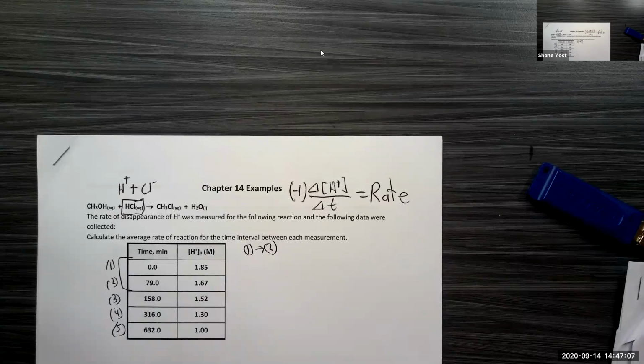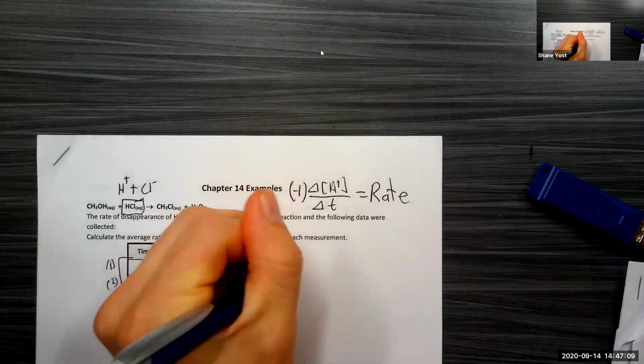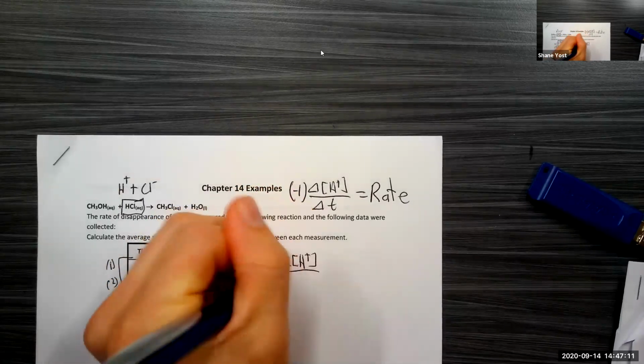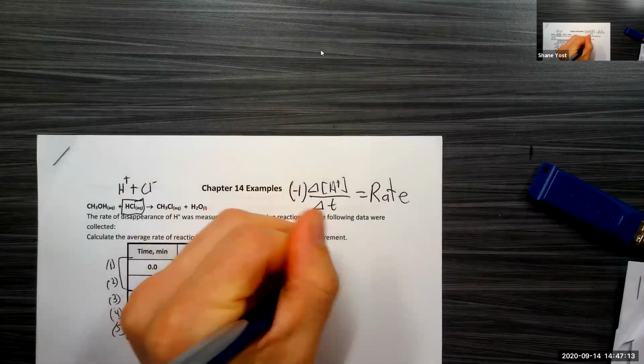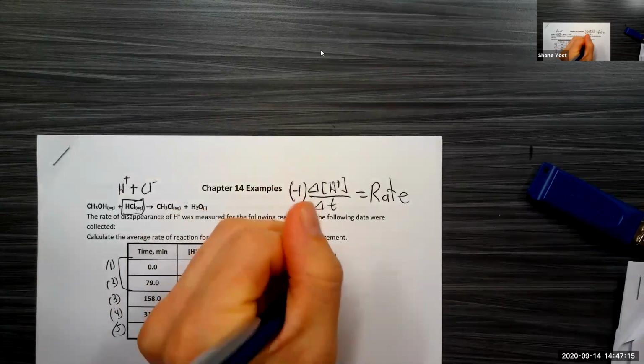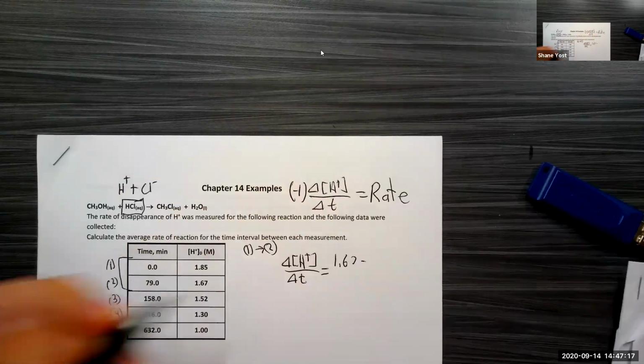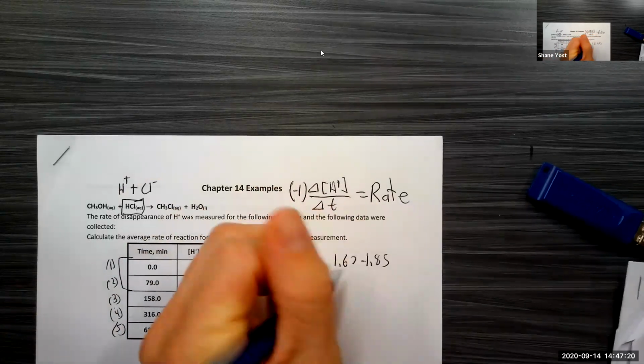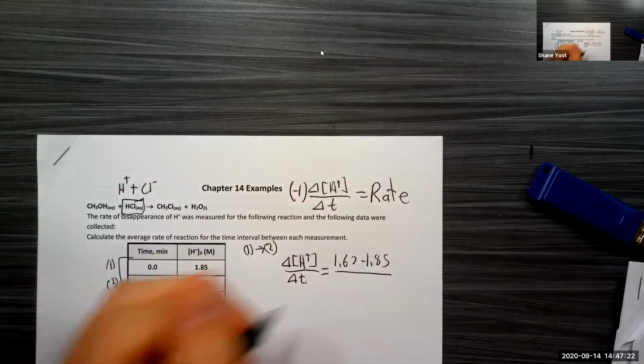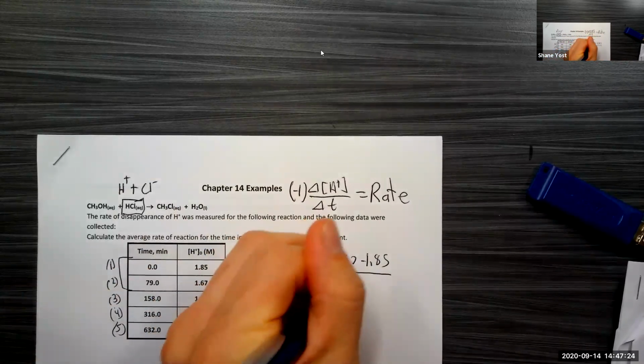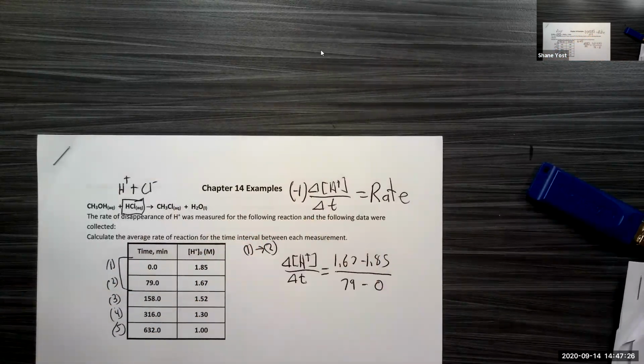The change in concentration of H plus over the change in time is going to equal 1.67 minus 1.85 divided by 79 minus 0.